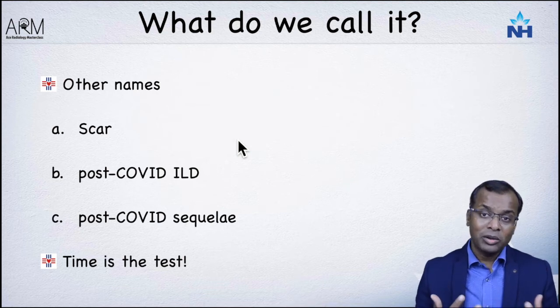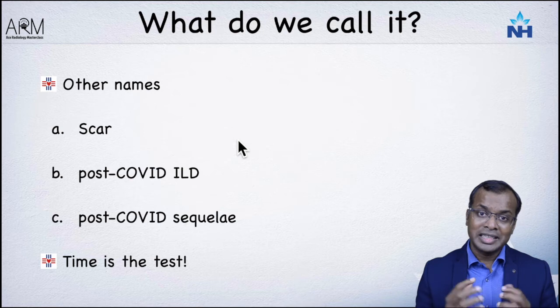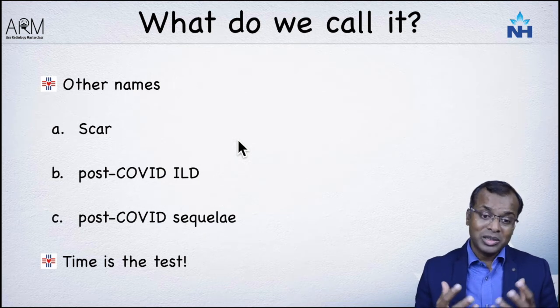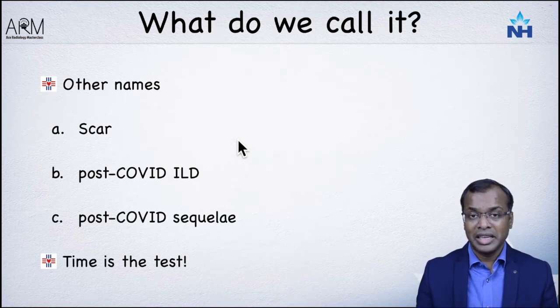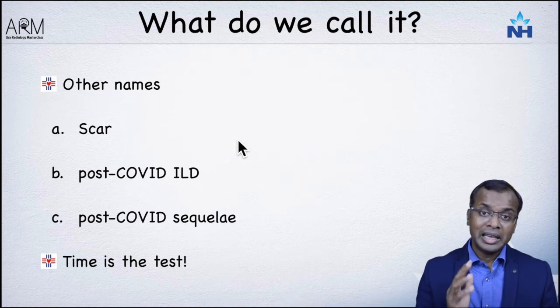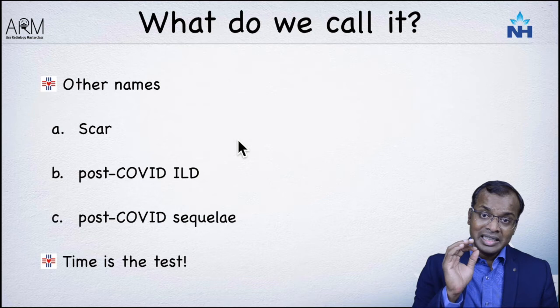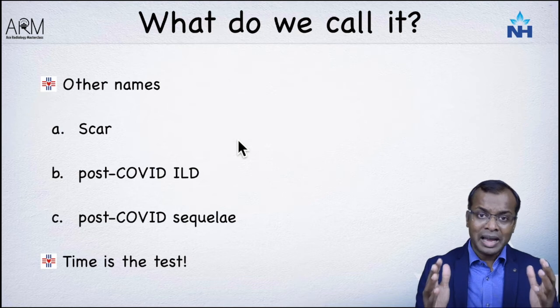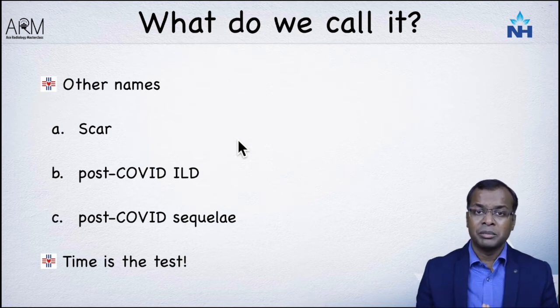One of the terminologies that people have used is to call it post-COVID scar tissue or post-COVID interstitial lung disease. Even some people have called it a simple post-COVID sequelae rather than calling it fibrosis. The trick here is the duration at which you look at these patients. And over a period of time, what happens to these changes becomes very important.